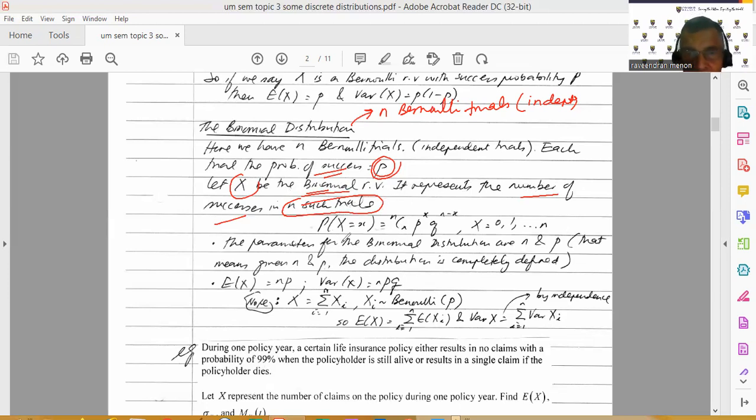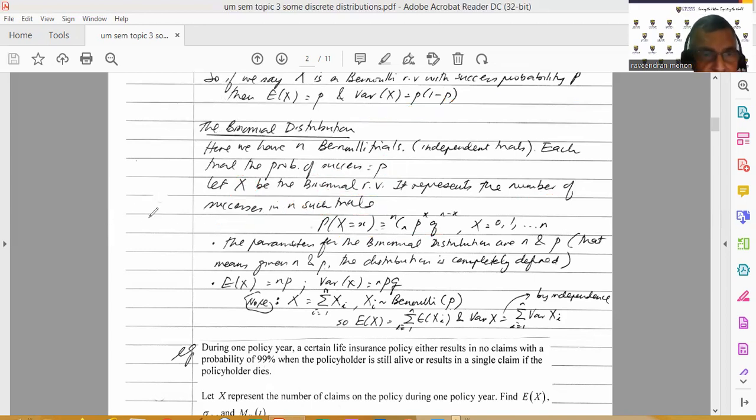Okay, now this is the formula. Let me write it here. Hang on, let me just clear this, and I'll write it here again. If you have a binomial distribution, the formula will be: probability X equals R is NCR, P to the power R, Q to the power N minus R. Remember what X is.